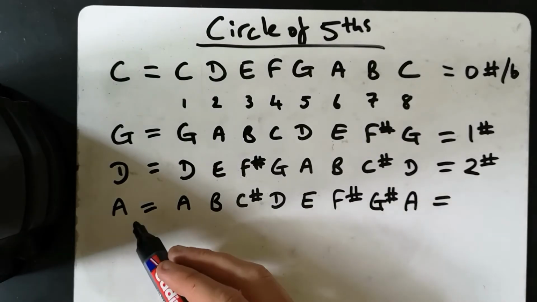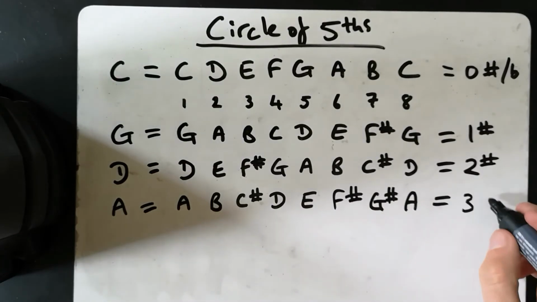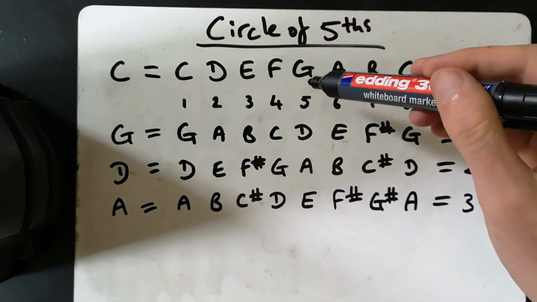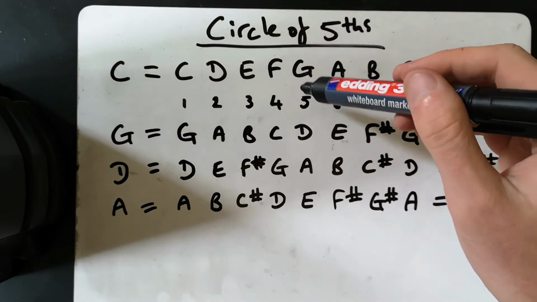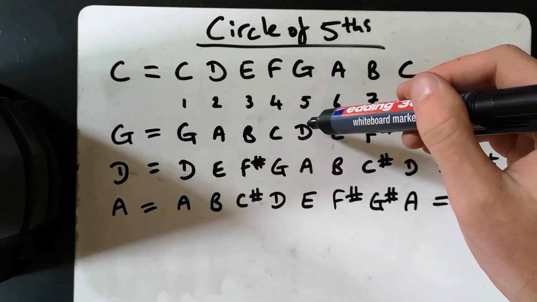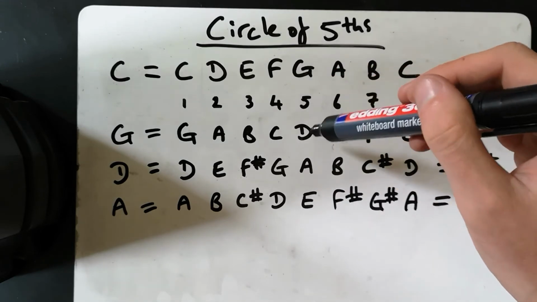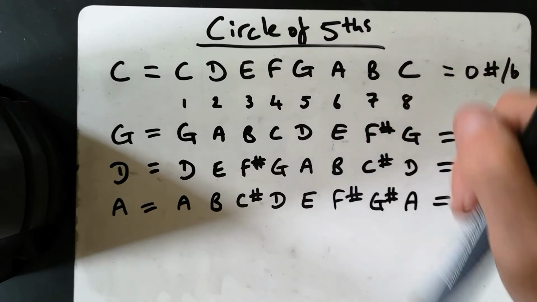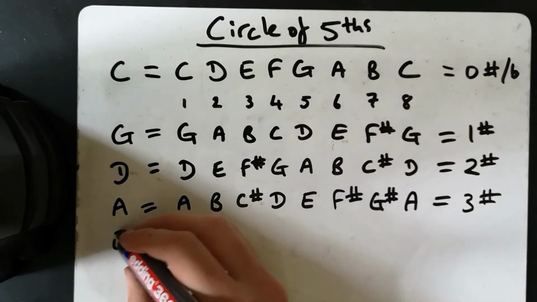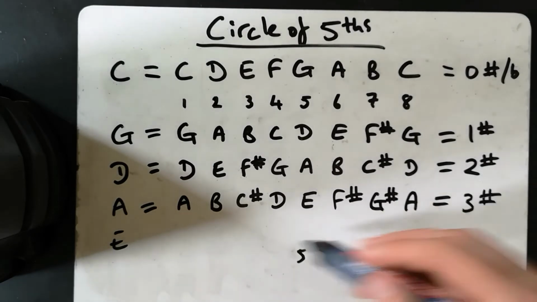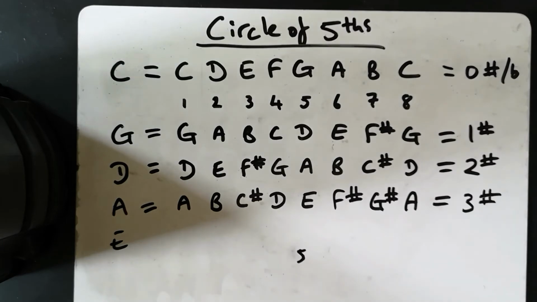I have got in A major 1, 2, 3 sharps, and you can hopefully start seeing the pattern that is occurring here. It is the circle of fifths. So the 5th degree of C is G, 5th degree of G is D, 5th degree of D is A, 5th degree of A is E. It follows that same pattern. So if I then work out E, you can see the pattern. Whatever is the 5th degree of E will make the next one. E will have 4 sharps, the next one will have 5 sharps, and so on until you get to 7 sharps. But that's just sharps.